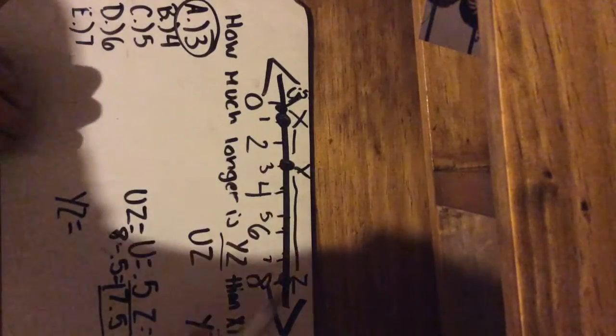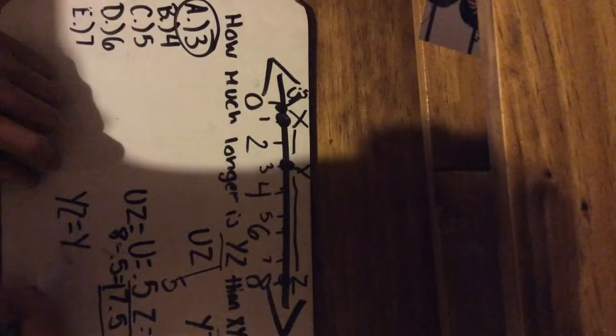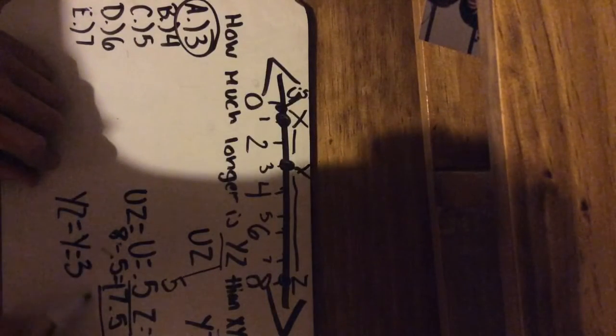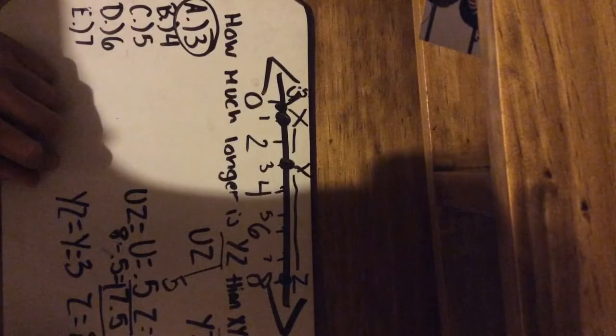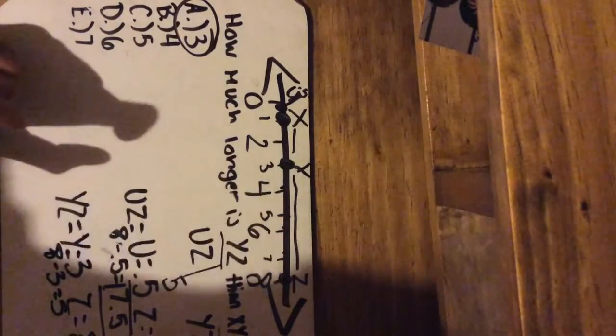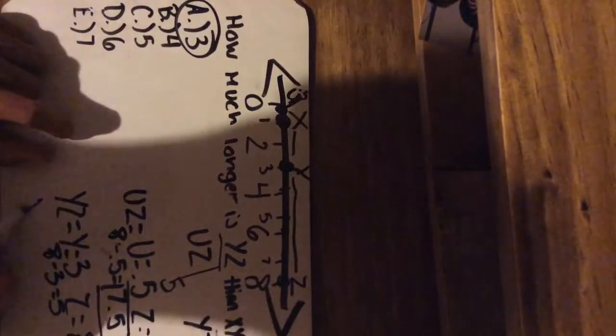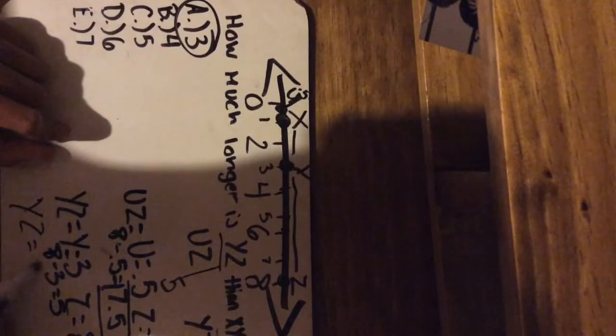So YZ, we already have the answer from the problem prior to this, which is 5. But let's just double check again. So Y equals 3, Z equals 8. So it's basically 8 minus 3 equals 5. Or we can just count 1, 2, 3, 4, 5. So now we know YZ equals 5.